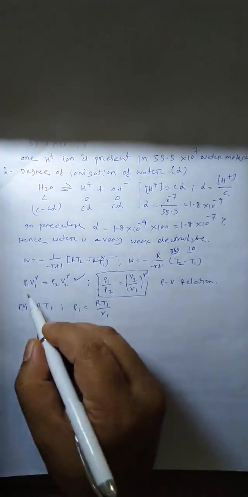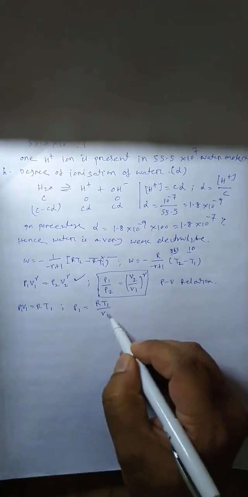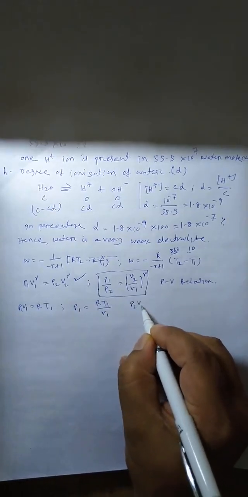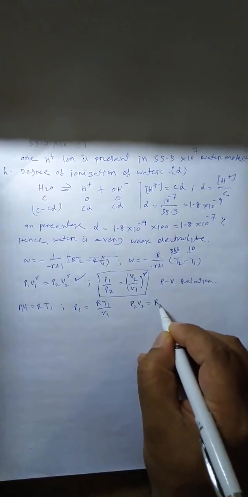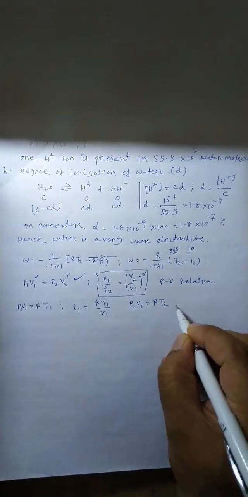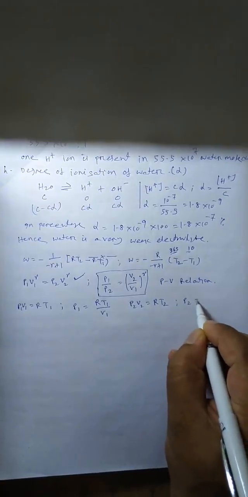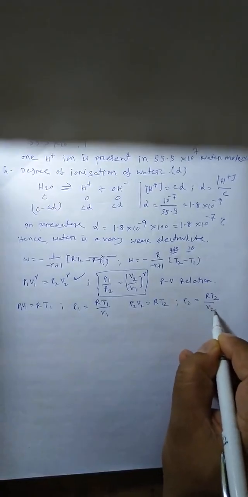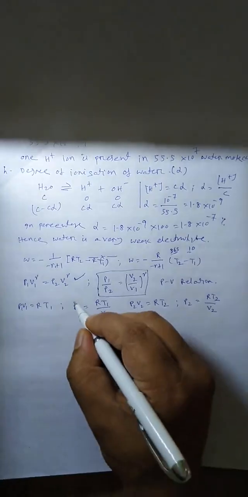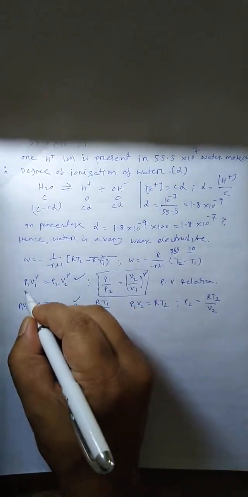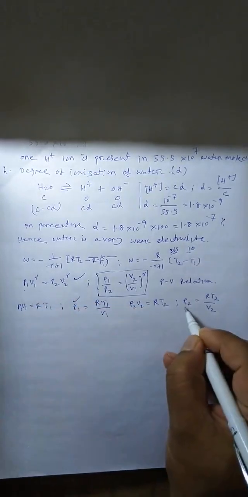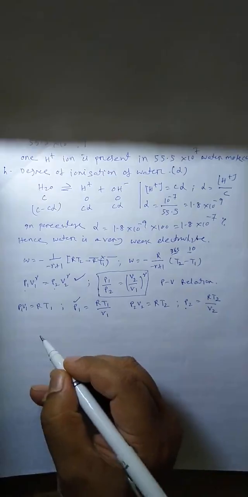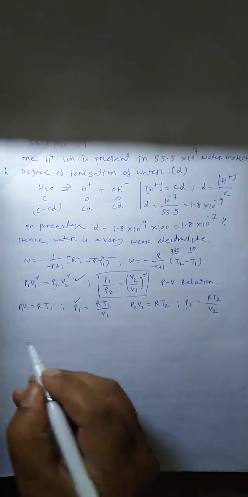In place of P1 I put this value. Similarly I know P2 V2 is equal to RT2, then P2 is equal to RT2 by V2. Now take this P1 to this side and this P2 to this side, then substituting this value.